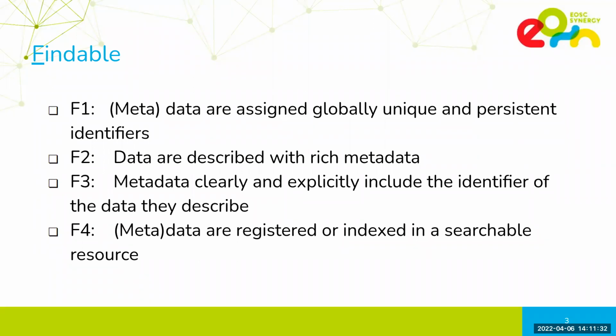For example, to understand if a digital object is findable, we need to check if the metadata and the data are assigned a global and unique persistent identifier, if the data are well described with rich metadata, and that kind of thing, and if it is searchable in an engine, an indexer, etc. So this is the starting point. This is pretty high level, but we are translating these indicators into technical checks.